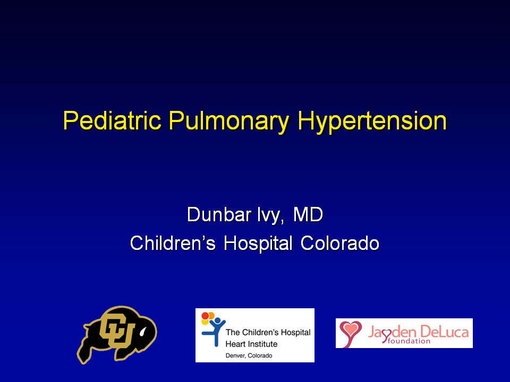So we like to see, again, this is very general, not very specific to any child. We'd like to see that the resistance can be below 3 if possible, certainly below 5.